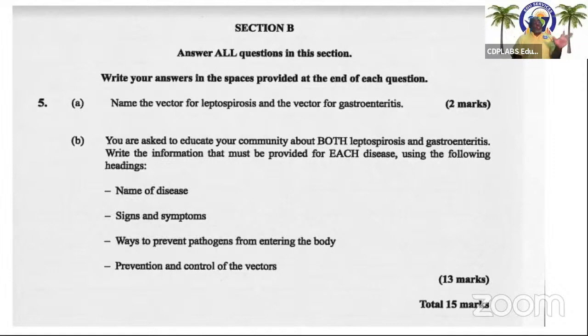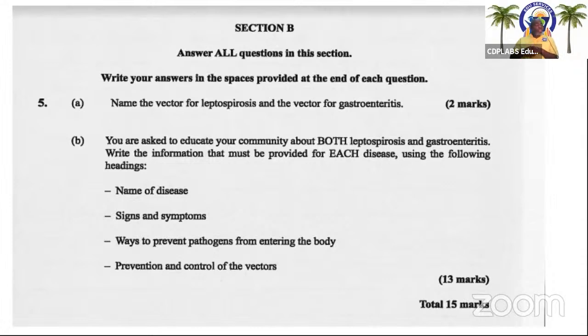15 marks, Section B. And you get 2 marks just to name something. And look at the wealth of marks now for part B: name of a disease, signs and symptoms, ways to prevent pathogens from entering the body, prevention and control of the vectors.